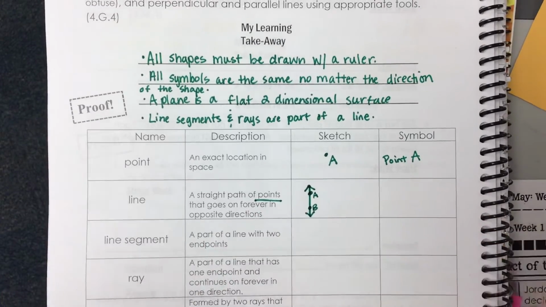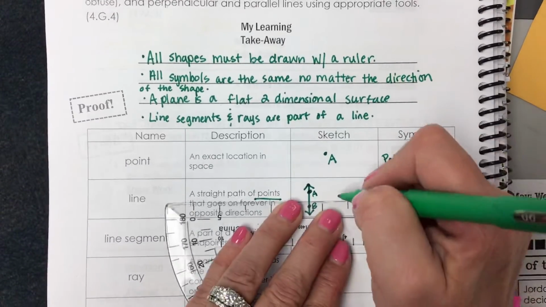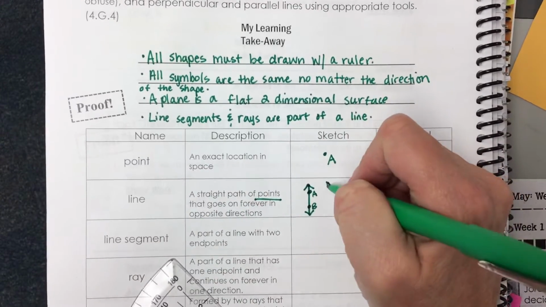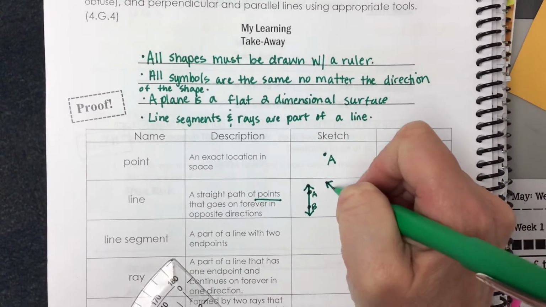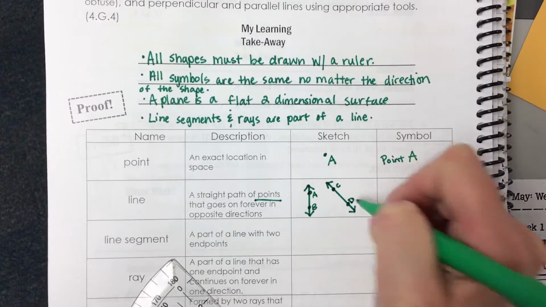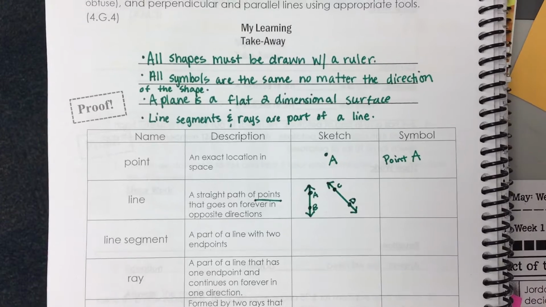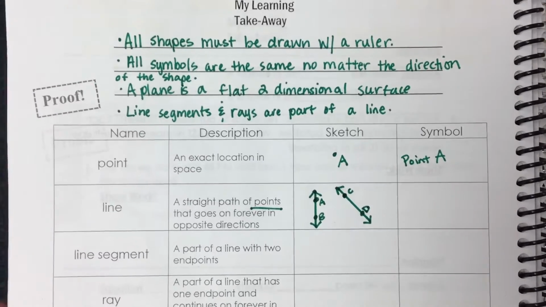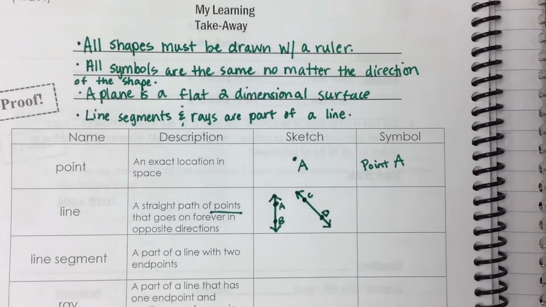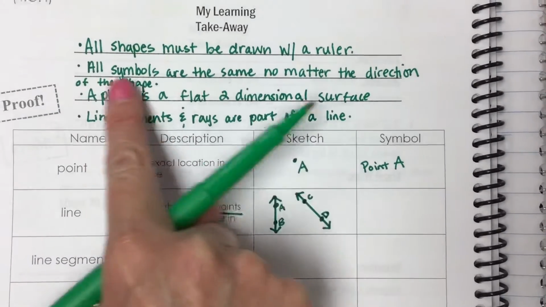So we use arrows on both ends. You could also draw your line this direction. It doesn't matter which direction. You can draw it horizontal. It doesn't matter what direction your line goes in.